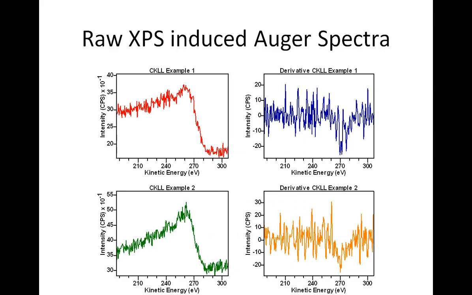And the real problem when we want to do this type of calculation in terms of the D parameter is the signal to noise that we have in the data. These are real data measured from the sample.